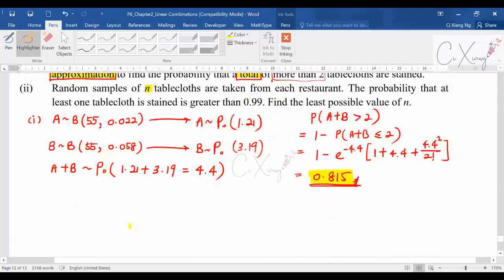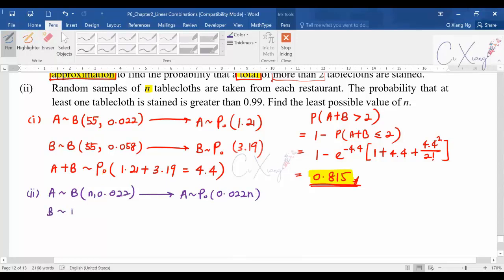For this question, you do almost the same thing as just now, but the problem is they didn't give me the number of tablecloths, so I have n here. This one is 0.022. We assume that n is large enough, therefore we can change it to Poisson, and this will be 0.022n. For B, it is the same thing: still binomial distributed with n and 0.058.